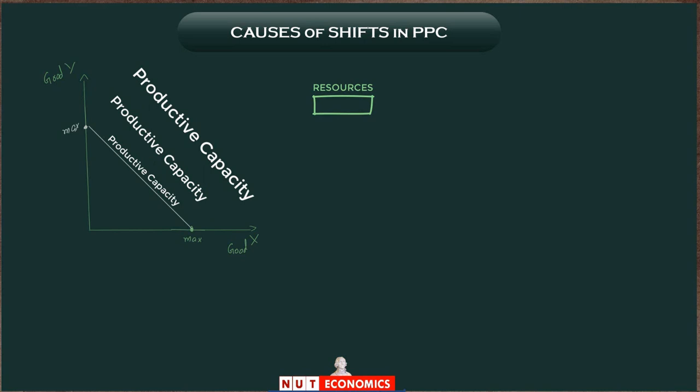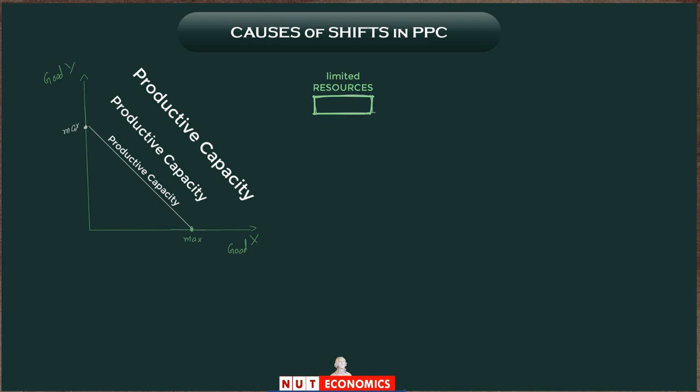Well, again, stick to your basics. This whole limitation as to the maximum a country can produce is linked with the fact that your country will have limited resources. And that is why you cannot produce more than a certain maximum combination of these two goods. And from here, start thinking about whether this PPC can shift and whether this productive capacity can change.